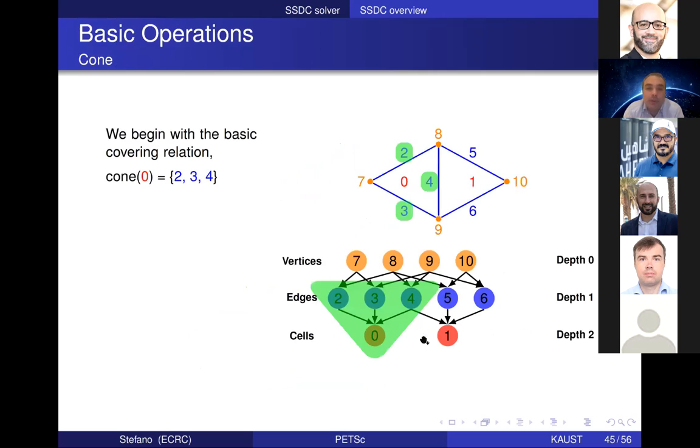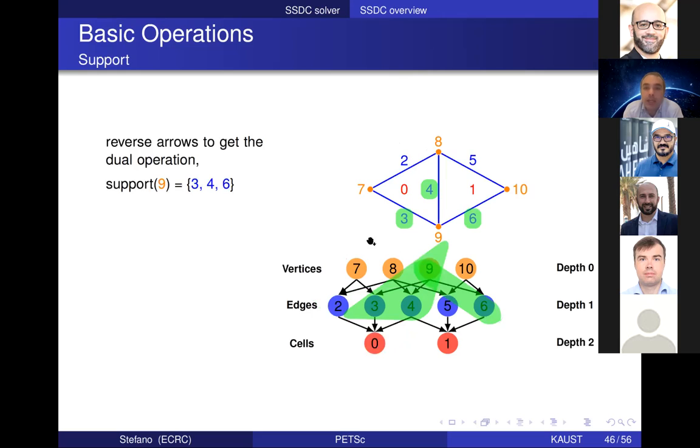So, given an entity like a cell here, cell 0, I can ask Plex what is the cone. So, what are the entities of dimension minus 1 that make me up? Which means the cone of the cell are the edges here, 2, 3, and 4.